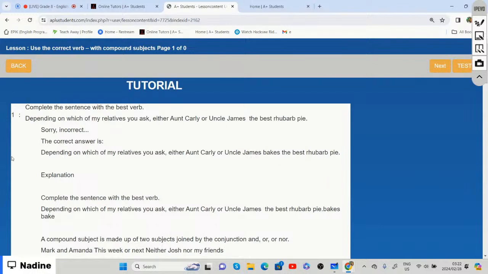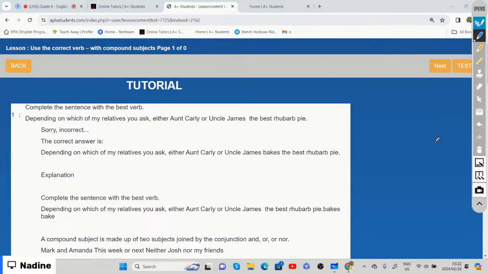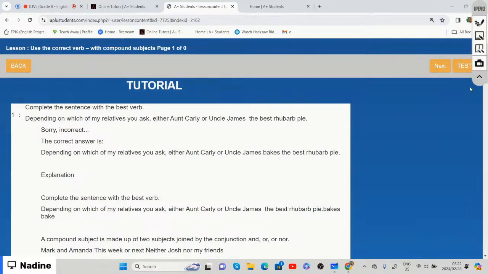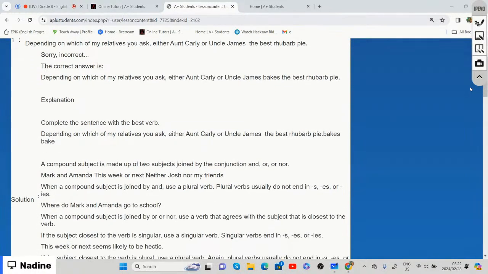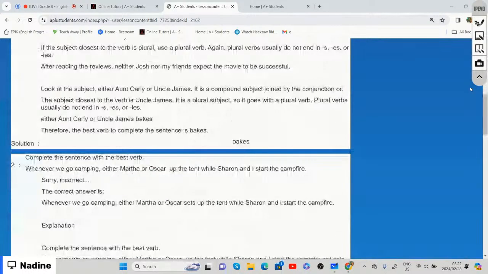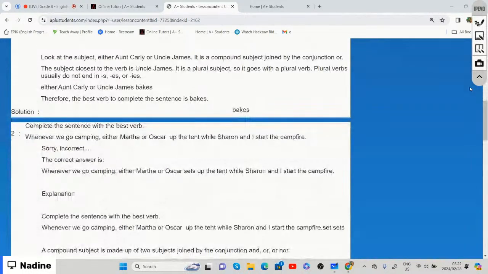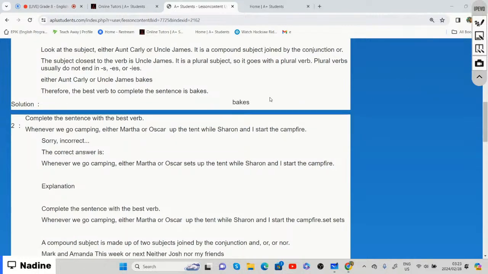So here we said that depending on which of my relatives you ask, either Aunt Carly or Uncle James, we can say bakes the best rhubarb pie. So bakes it is.